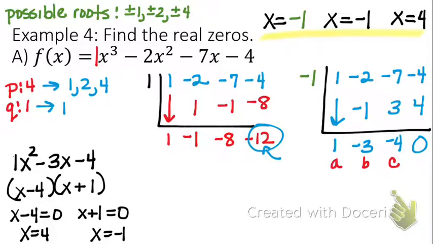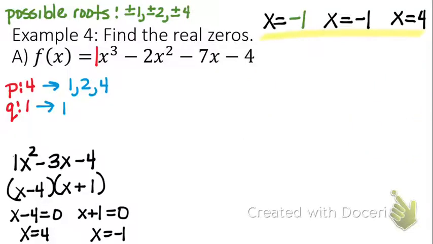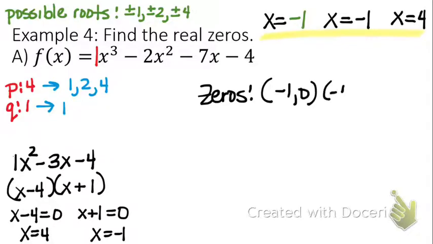So I'm going to go ahead and write this in factor form. Our zeros would occur at -1, 0, I'm going to write it twice, and then +4, 0.